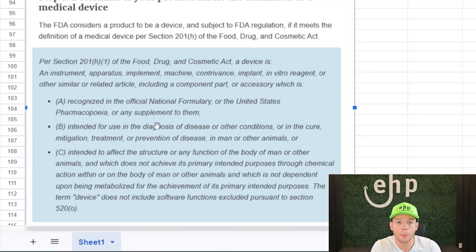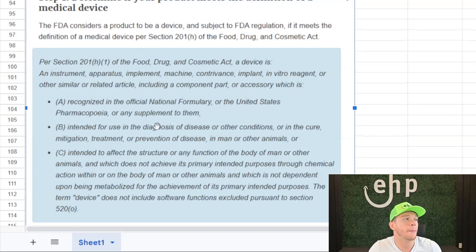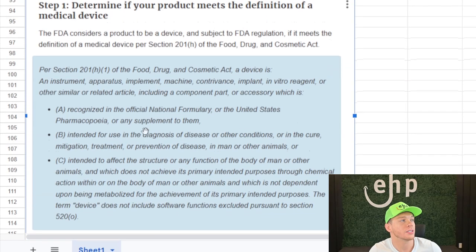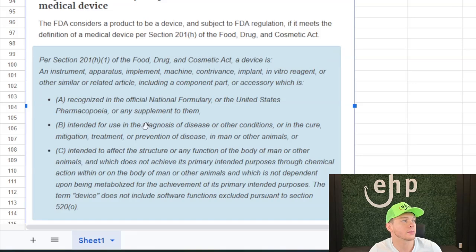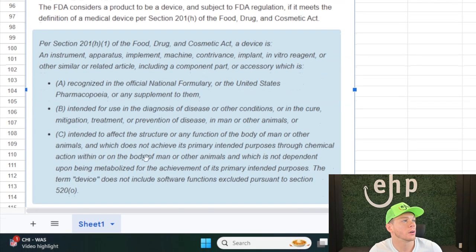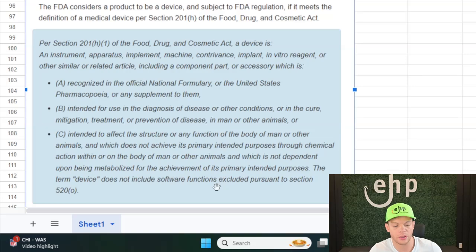It's something that makes claims that will improve your life, right? So if your product makes claims that could help your life, it's pretty much an FDA medical device.